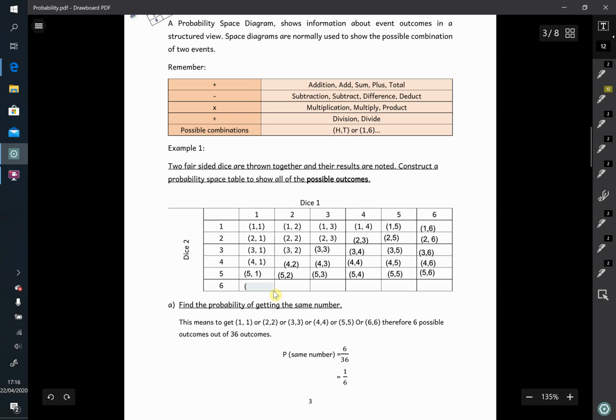So row 6, 1. We're in the last one. Good guess. Row 6, 2. Row 6, 3. Row 6, 4. Nearly there.